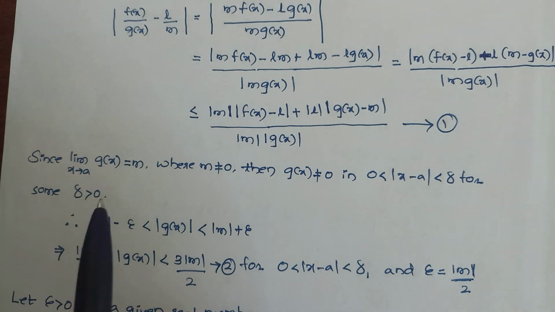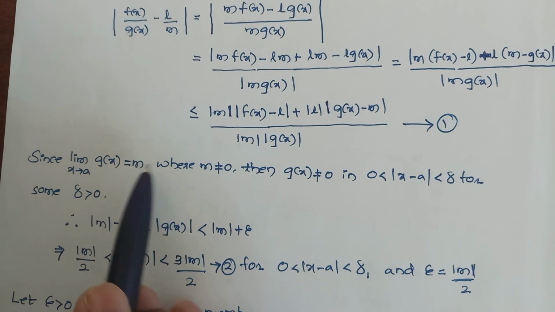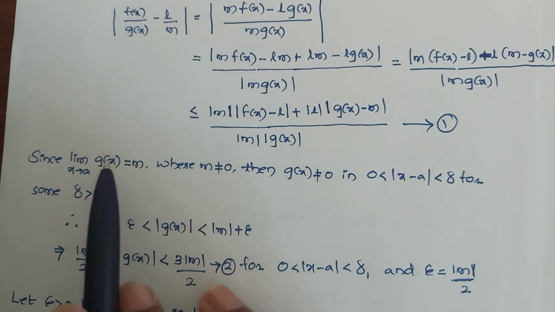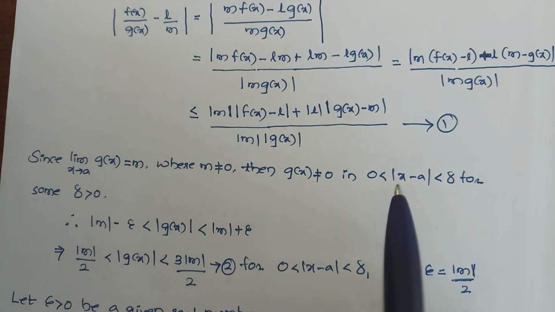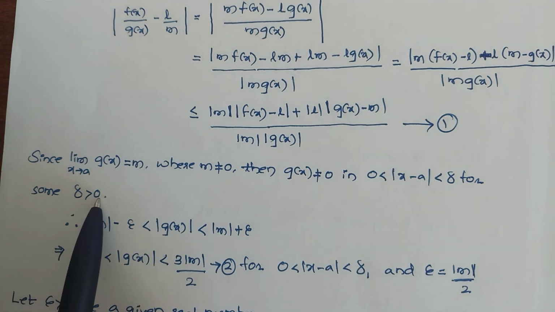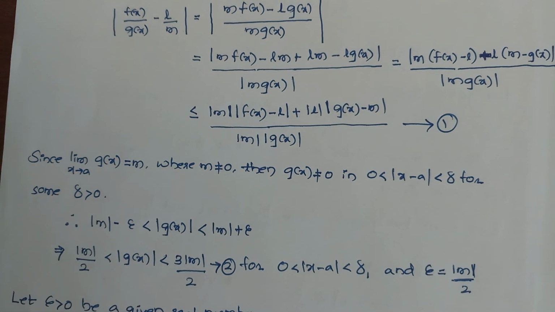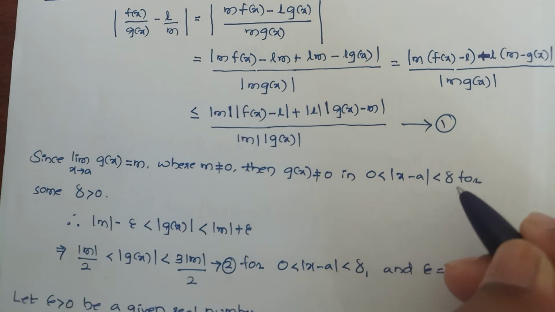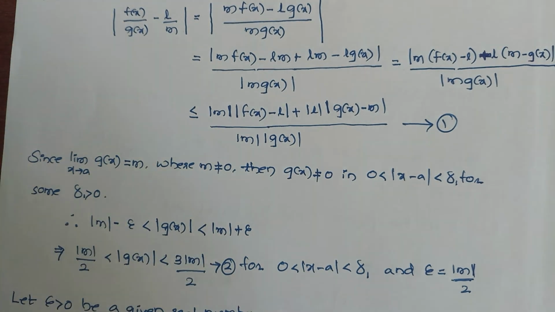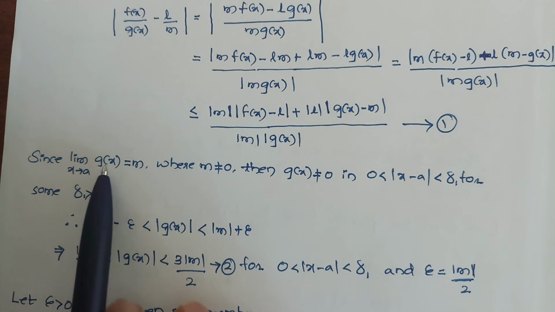Since limit x tends to a, g of x is equal to m and m is not equal to 0, then g of x is also not equal to 0 for 0 less than modulus of x minus a less than delta, for some delta greater than 0. Take it as delta 1. This result holds good using the limit point.